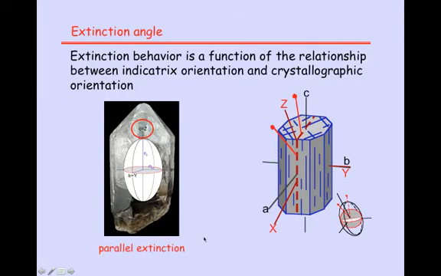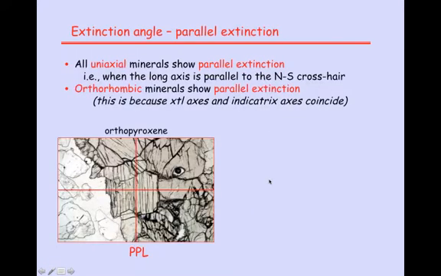And that means that the mineral will go extinct when that long axis is parallel to the north-south or east-west crosshairs in your microscope. You see inclined extinction, this angle between the crystallographic axis C and the optic axis Z, when the two axes aren't aligned. And I'll show you what these mean.